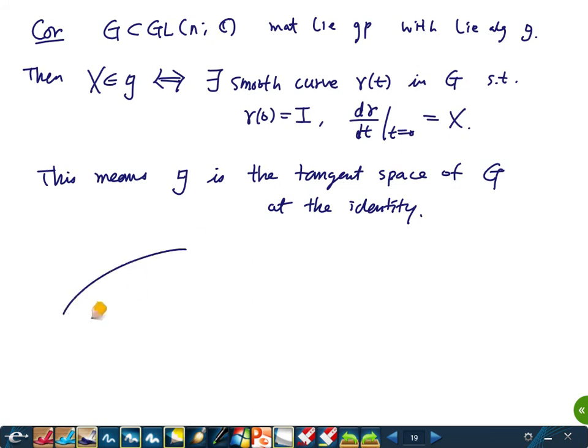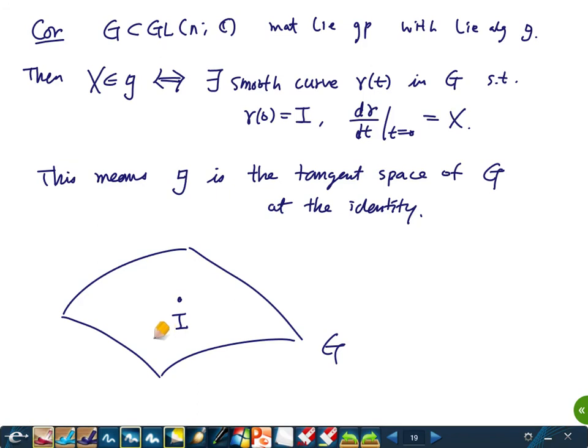So G is a manifold, right? We know that this matrix Lie group is a Lie group and it's a manifold. So we have an identity as a group element. Look at any smooth curve like that, then you can compute the tangent line at the identity.